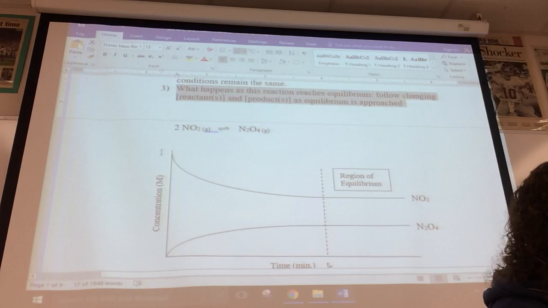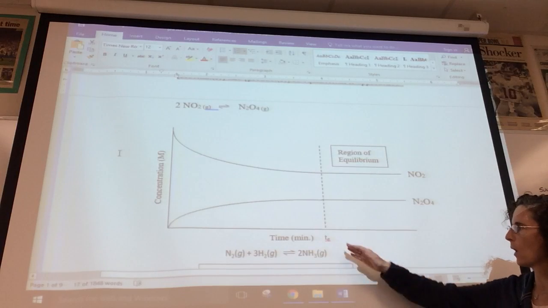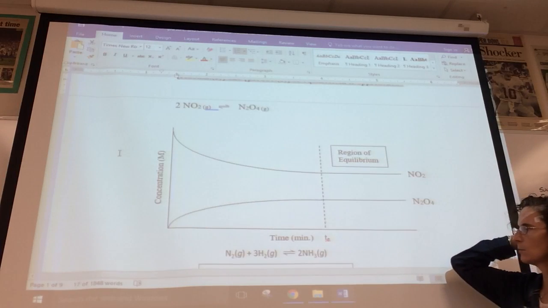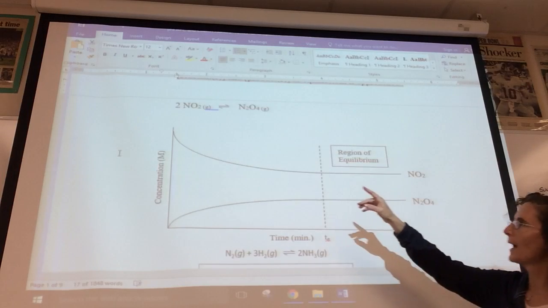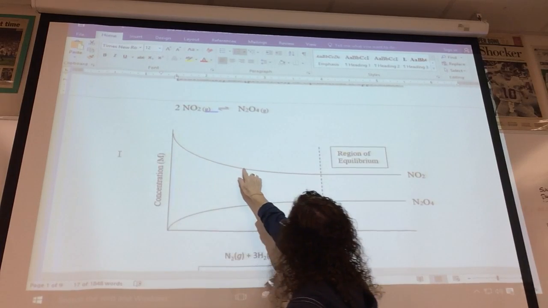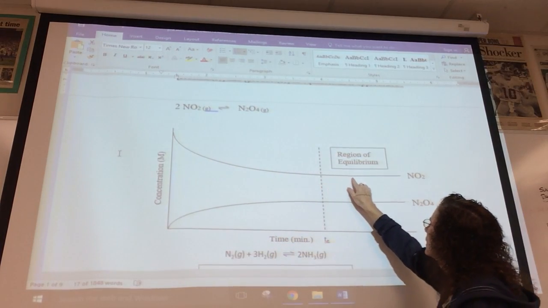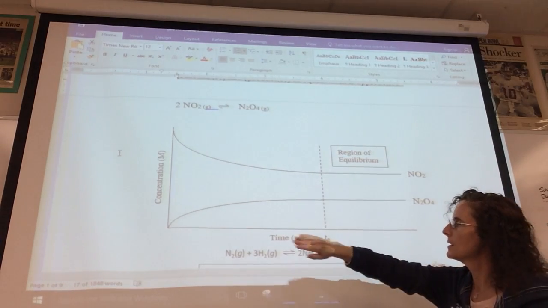So what you're looking at here for this reaction is concentration on the Y versus time in minutes, or sometimes seconds, on the X. So reactant, nitrogen dioxide, is being consumed. Its concentration goes down, and then it hits this plateau, which I'll get to in a minute.